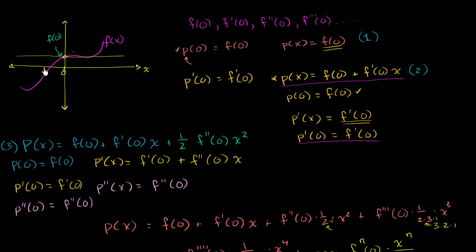When you make the function equal at 0 and their first derivatives equal at 0, then you have something that looks like the tangent line. When you add another degree, it might approximate the function something like this. When you add another degree, it might look something like that. And as you keep adding more and more terms, it gets closer and closer, especially as you get close to x is equal to 0.